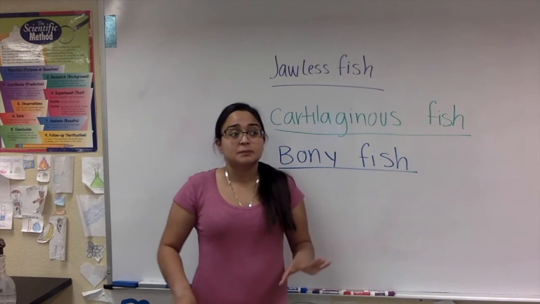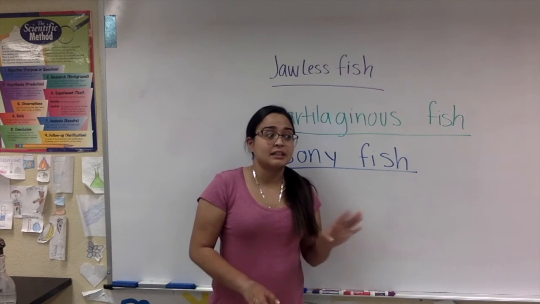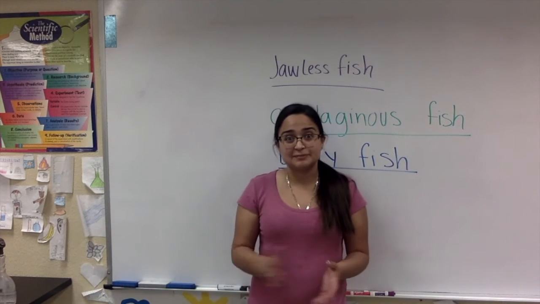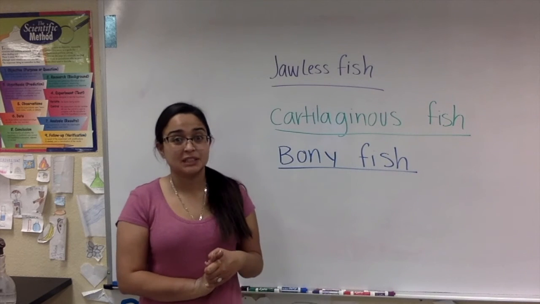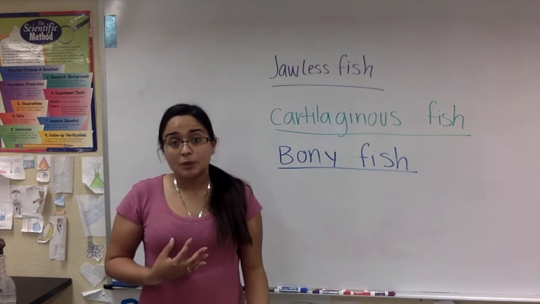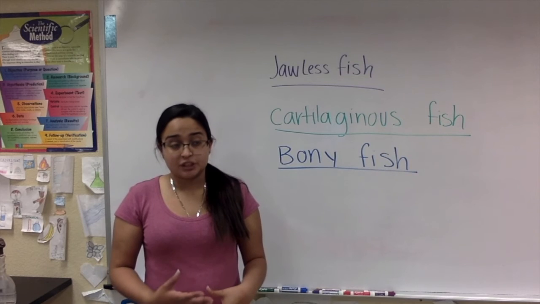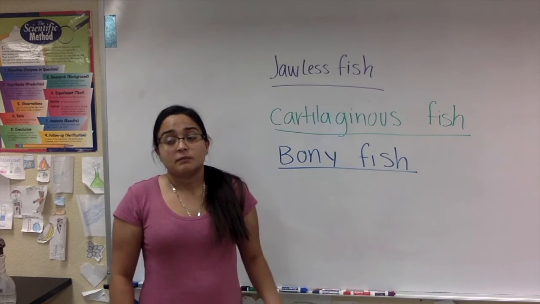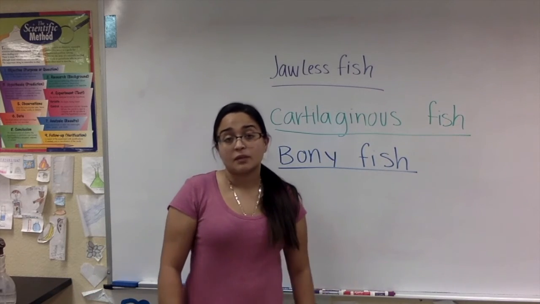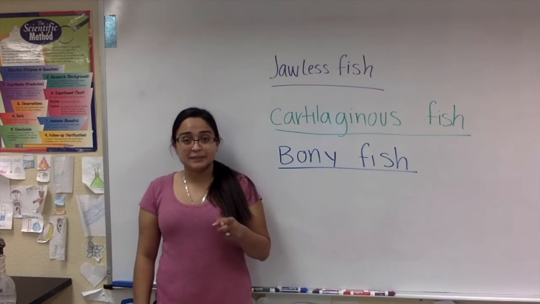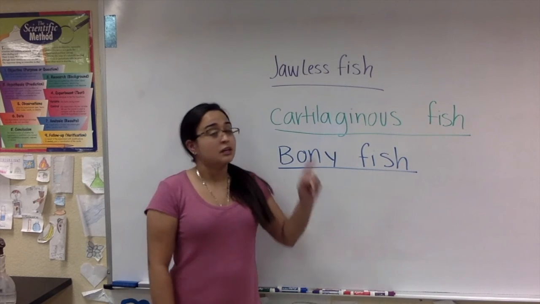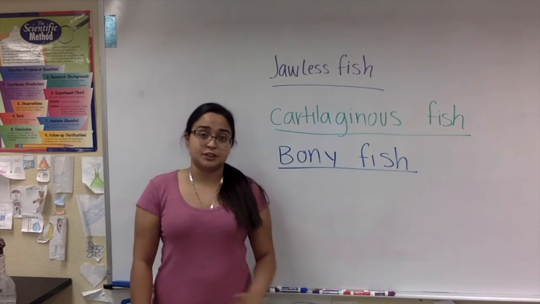That is more species under this category than there are species of vertebrates. Crazy, right? Now, an example of a bony fish, which is one of the most common types of fish, is a perch.